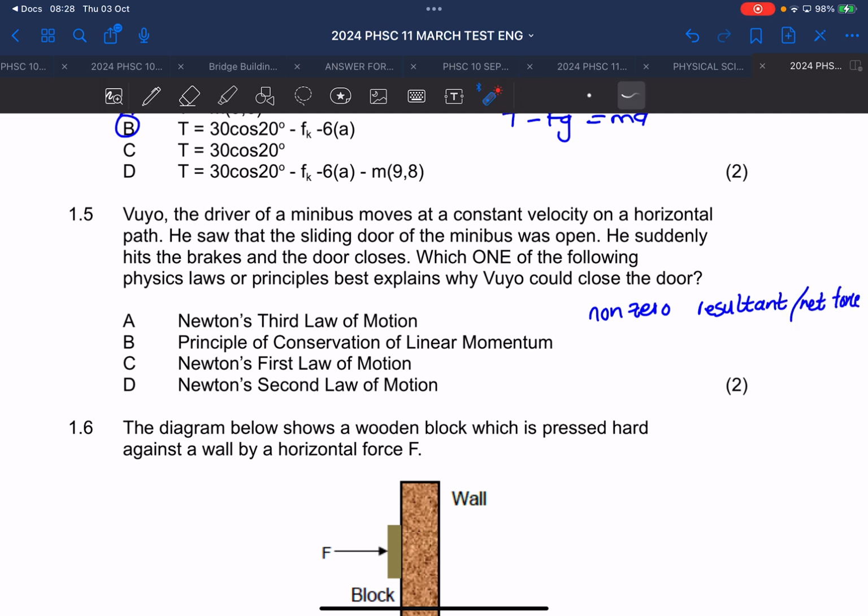But the "or" part is not on the non-zero. The "or" part is on resultant or net force. So you can say unless a non-zero resultant or unless a non-zero net force. But the non-zero must be there. Like I said, it's Newton's first law. So the answer there is C.